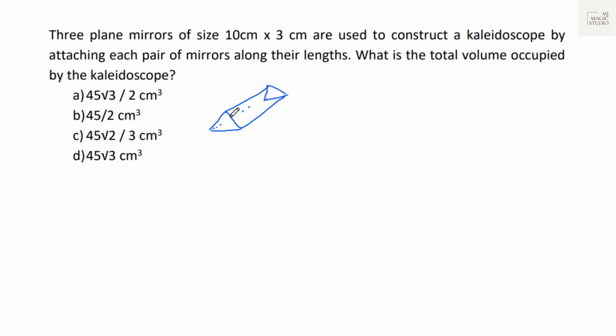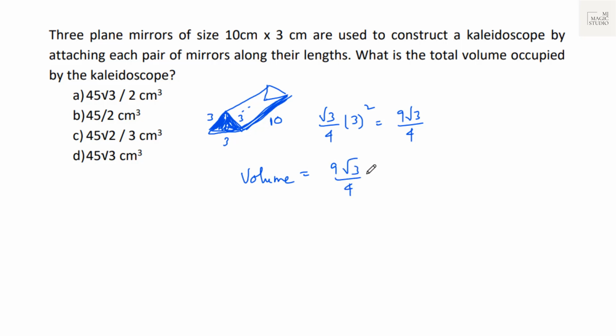Volume of any prism is given by area of the base into its regular height. Suppose this height is 10, and if we see carefully, base is nothing but an equilateral triangle with side 3 cm. Area of equilateral triangle is given by root 3 by 4 side square. So that would be 9 root 3 by 4. And hence the volume of the entire prism is area of the base into height, that is 10.